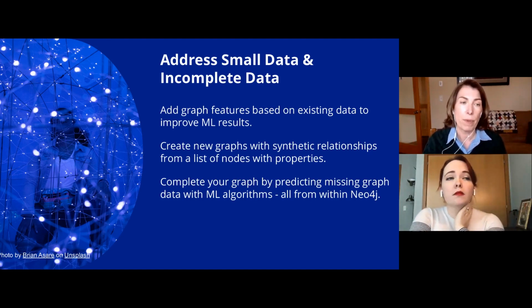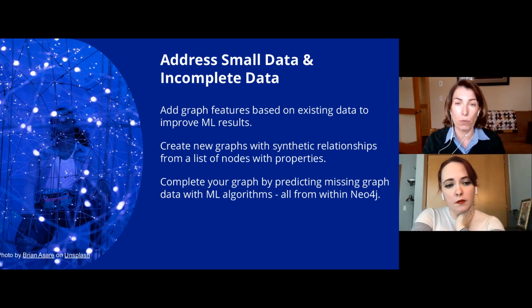That goes back to the slide about adding better predictions with the data you already have. Graph features based on existing data improves machine learning results. That's always been the case when we see that combination. I think it's now more important than ever, because a lot of our historical data has become less accurate.